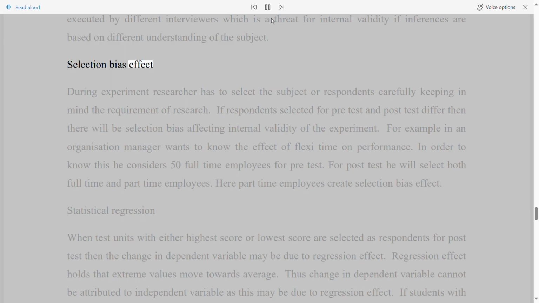Selection bias effect. During an experiment, the researcher has to select the subjects or respondents carefully, keeping in mind the requirement of research. If respondents selected for pre-test and post-test differ, then there will be selection bias affecting internal validity of the experiment.